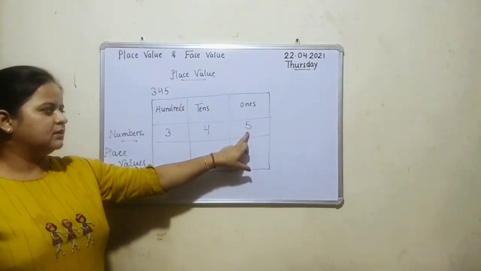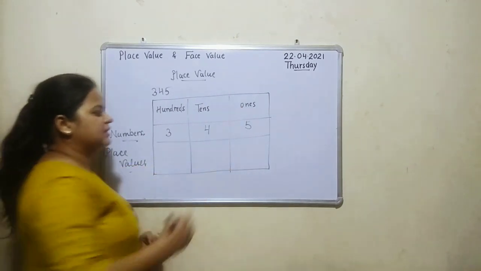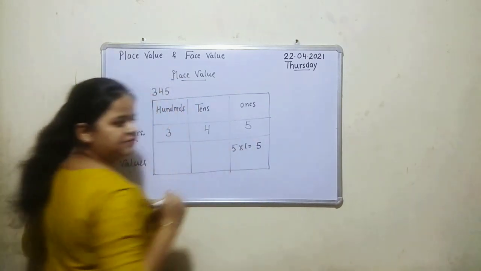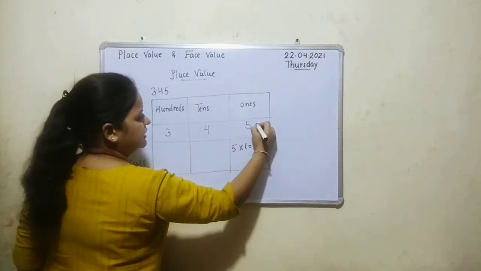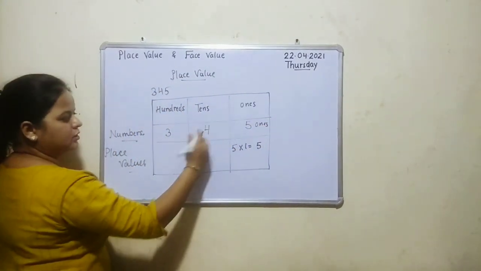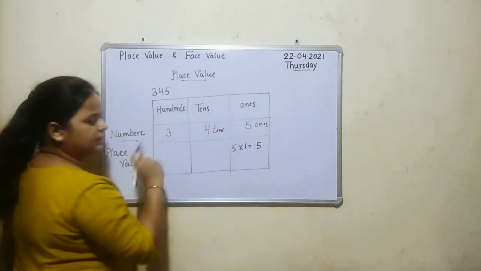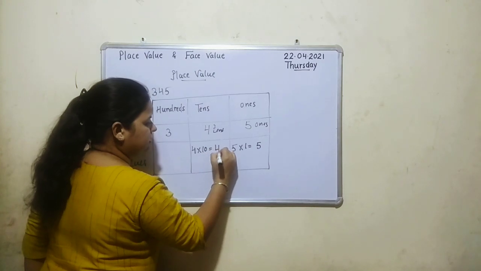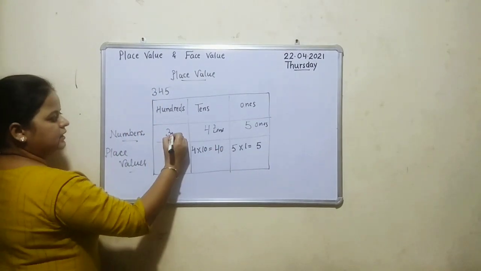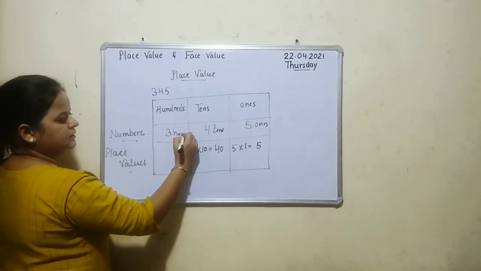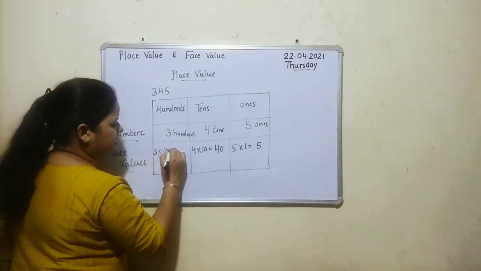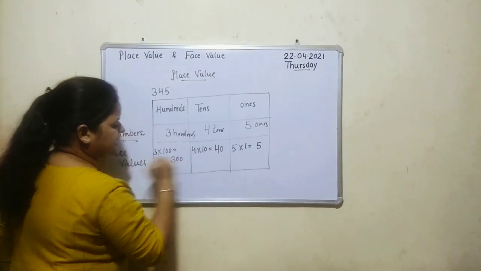So 5 is ones. 5 ones means 5 into 1 is equal to 5. 4 tens, so 4 into 10 is equal to 40. 3 is hundreds, 3 hundreds. So 3 into 100 is equal to 300.